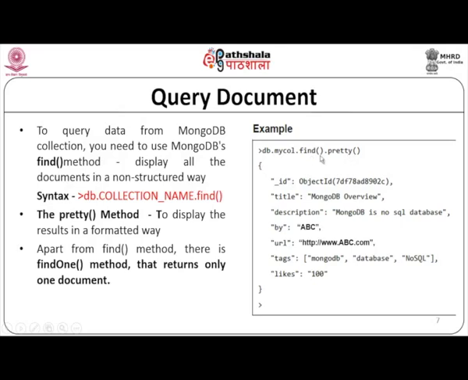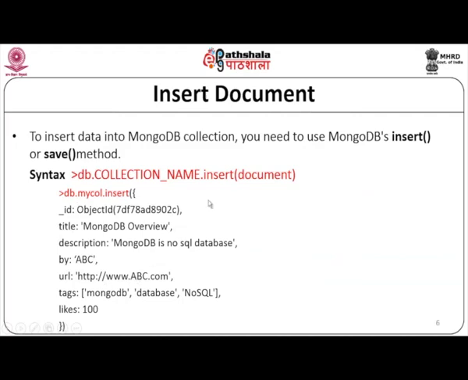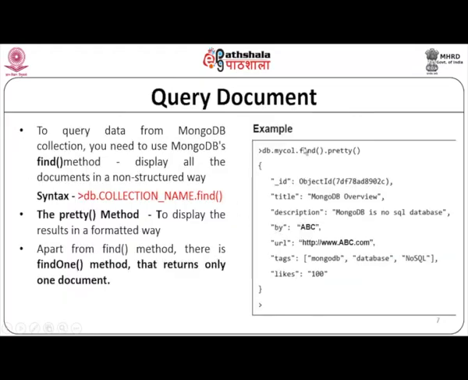So, find dot pretty, then the output that will be displayed is going to be like this, which is the document you inserted using the insert method. So, this is how you can query a given document and find the contents of the document.